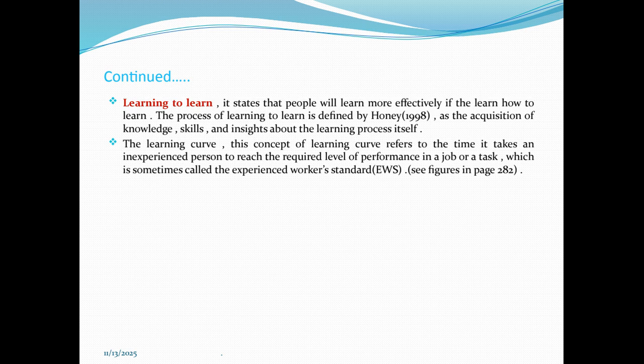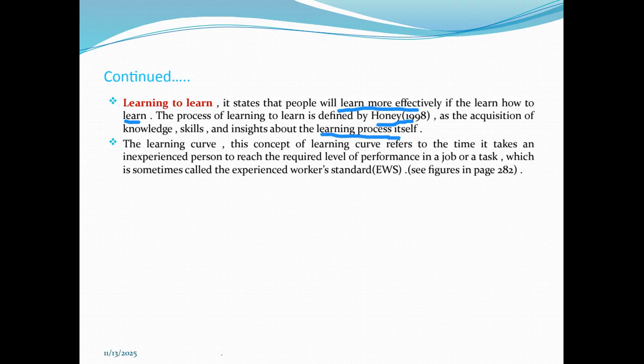So learning to learn states that people will learn more effectively if they learn how to learn. So learning to learn is an art. The process of learning to learn is defined by Honey in 1998 as the acquisition of knowledge, skills, and insights about the learning process itself.